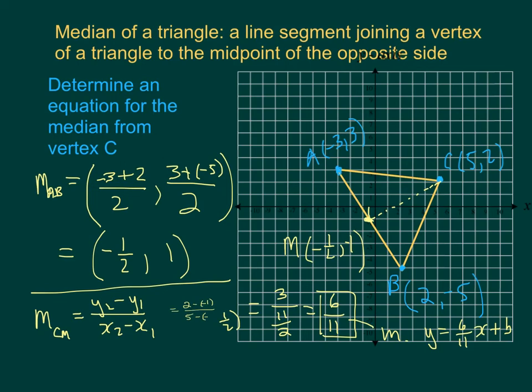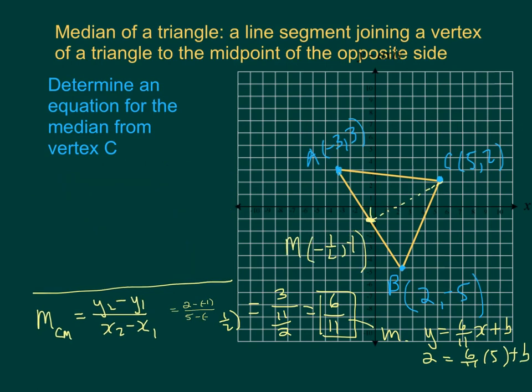Now I'm going to use probably this one just because of the fact that they're whole numbers, and I will put in here 2 is equal to 6 over 11 times 5 plus b, and we'll solve it. So I'm going to solve it at the end over here.